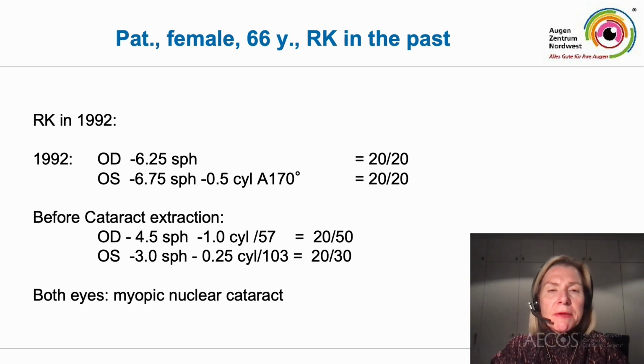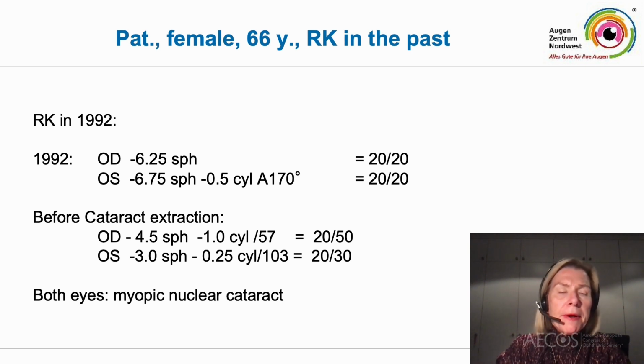In both eyes she had 20/20 visual acuity, and now before cataract extraction she suffered again from moderate myopia, and she had a myopic nuclear cataract in both eyes. Visual acuity in the right eye was 20/50 and in the left eye was 20/30.